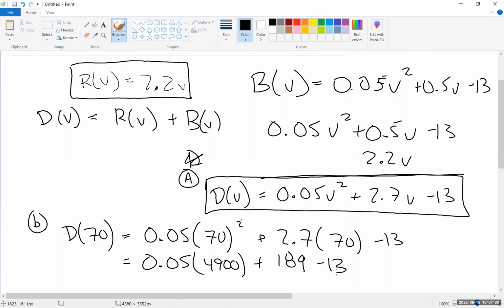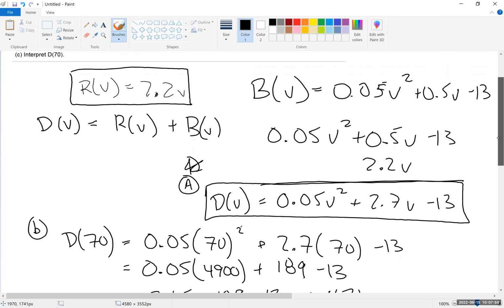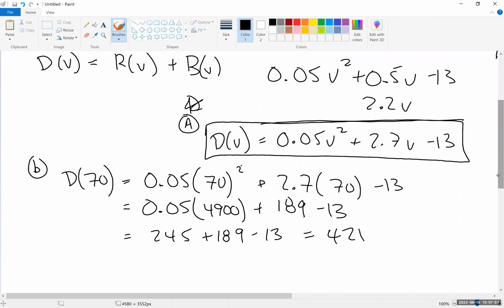So now 0.05 times 4,900, we get 245, plus 189, minus 13, which is going to be equal to 421. So that's our answer to part B.